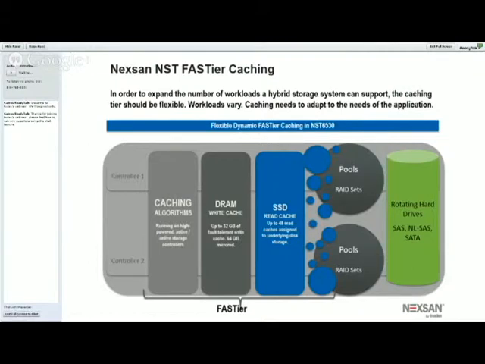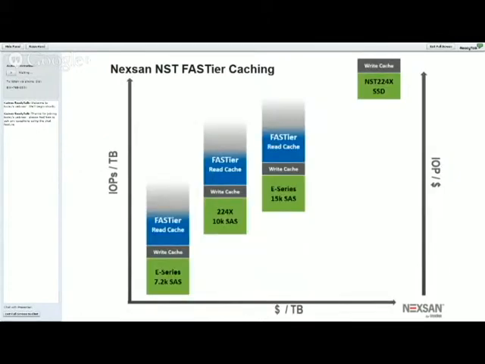And since I can divvy this up and serve this out to different pools of storage, I can control who gets what I/O and how the different workloads are going to perform. When I look at it, this is just showing me different levels of what's going to do the right thing for the right price.